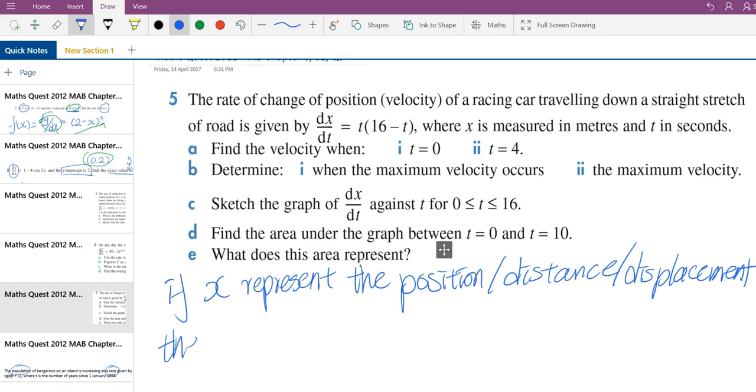Then the change of x with respect to the change of time will give you the velocity of the object.